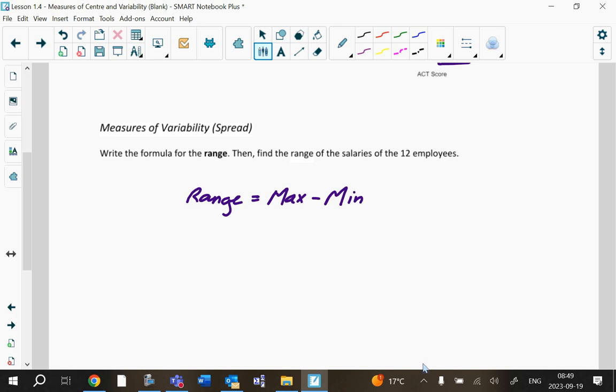So in this example, the maximum is 185, the minimum is 29, and when I subtract those two, and remember units, I get 156, which converts to 156,000.